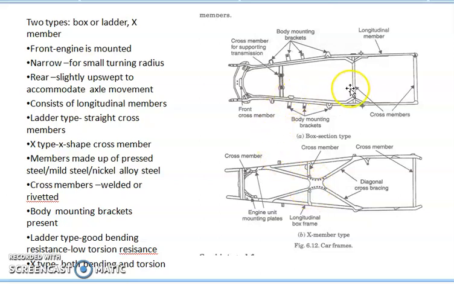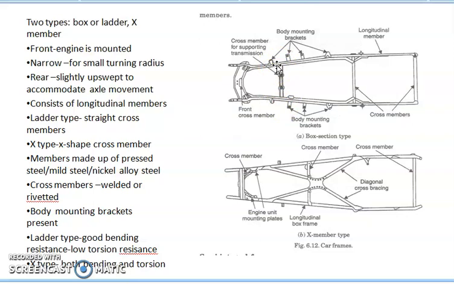So the ladder type of frame gives good bending resistance, whereas the torsional resistance is comparatively low. Whereas in the X type frame, you have good bending as well as torsion resistance. And generally these cross members are attached to the longitudinal members by riveting. They are always permanent joints, so they are either riveted or welded.